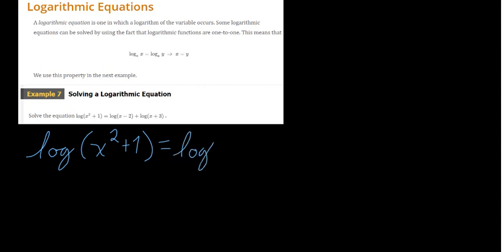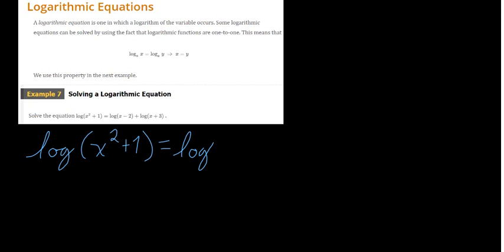Okay, so first of all, let's go ahead and rewrite this. Let's rewrite the left side. We don't have to rewrite it, right? Log of x squared plus 1, that's equal to. Now the right side, I'm going to rewrite as one logarithm. We're just going to do some head math here.